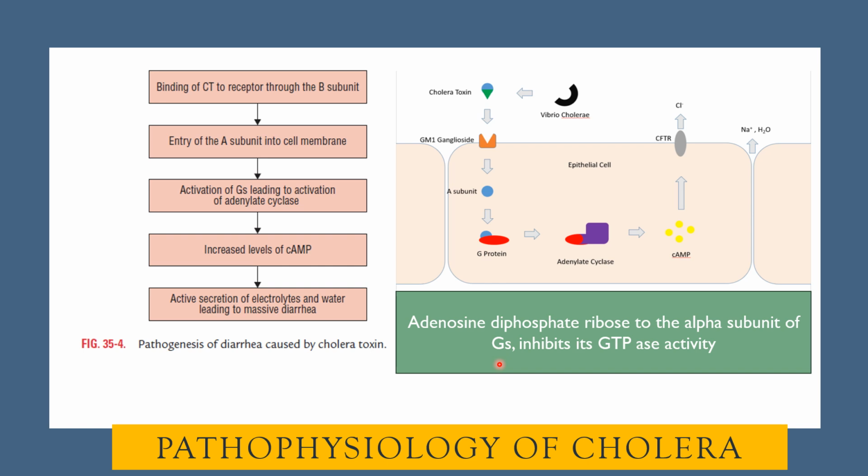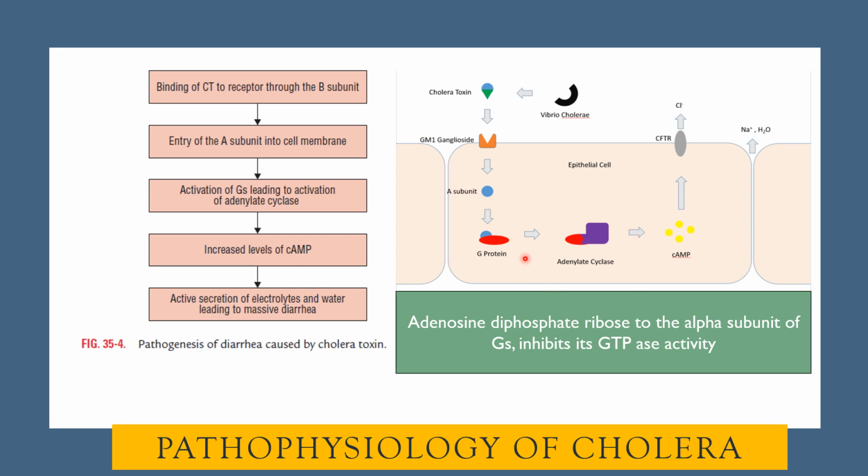So this toxin will bind with this subunit, with adenosine diphosphate ribose, and it will inhibit its GTPase activity. As a result of that, there will be constitutively activated G protein, and it will produce prolonged stimulation of the adenyl cyclase.